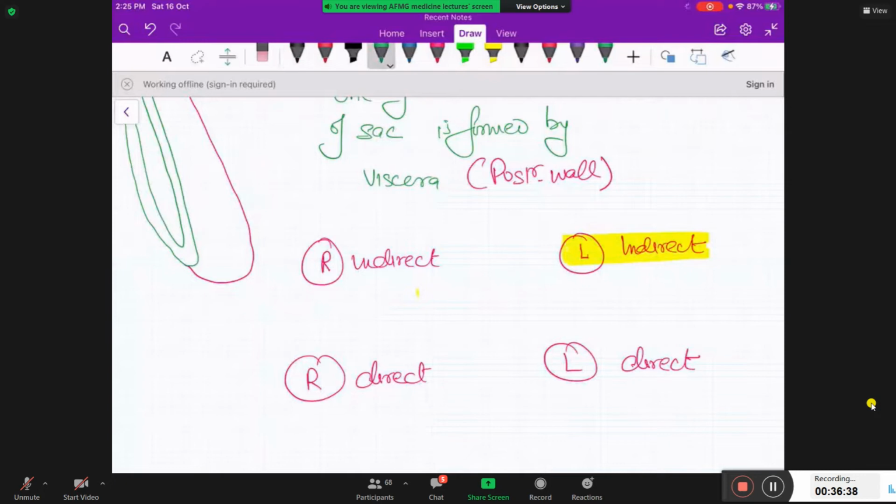The viscera which is forming a wall in right indirect is cecum. In left indirect, sigmoid colon.